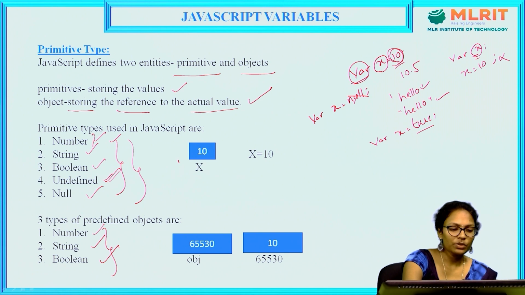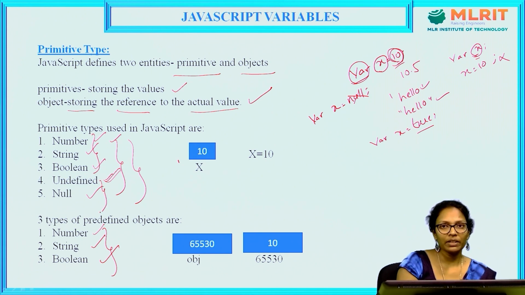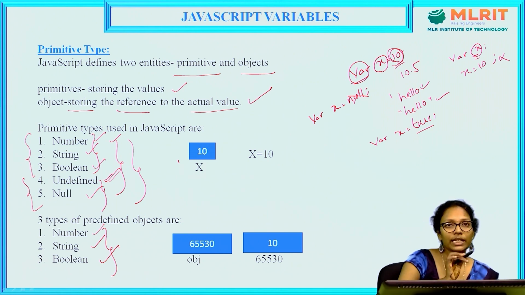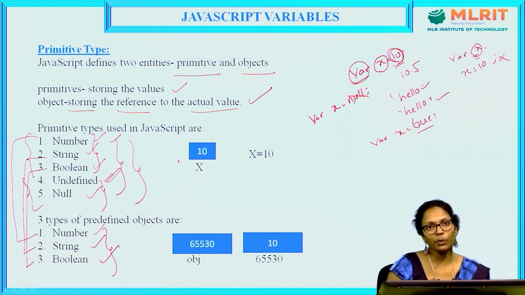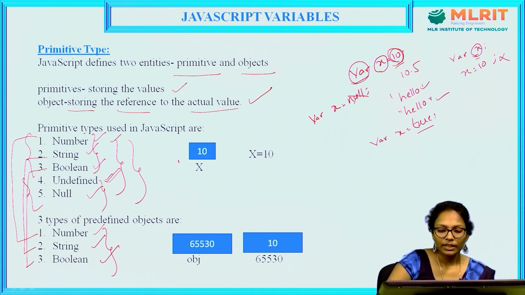We have only these three main data types, and these two anyhow don't have any values, so we don't have any specific object types for these two. But for the first three types, we have the corresponding object types also. To store the address of a number, you use the number object. To store the address of a string, you use the string object. To store the address of a boolean, you use the boolean object. If you observe here, the value is 10.